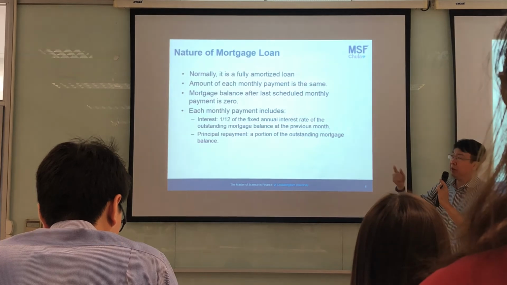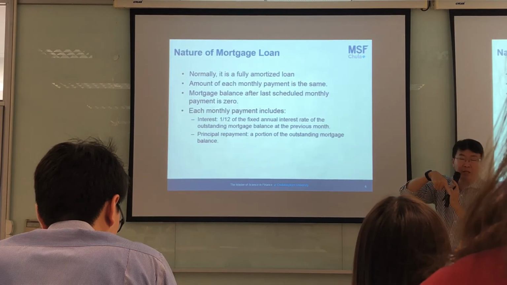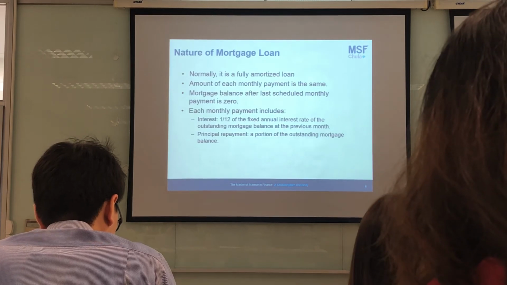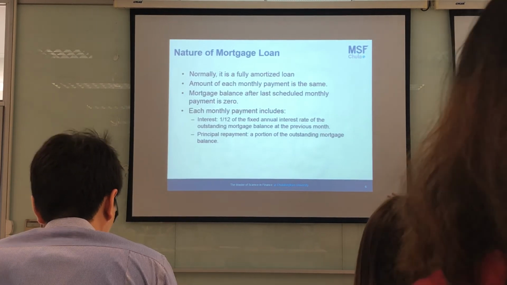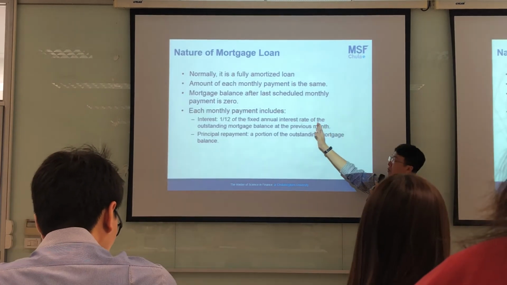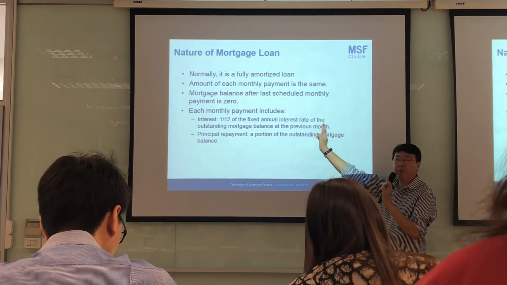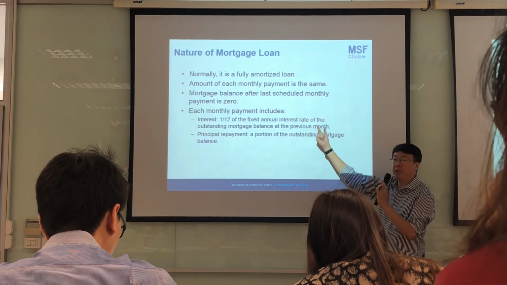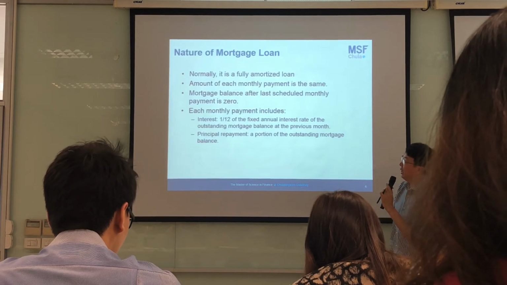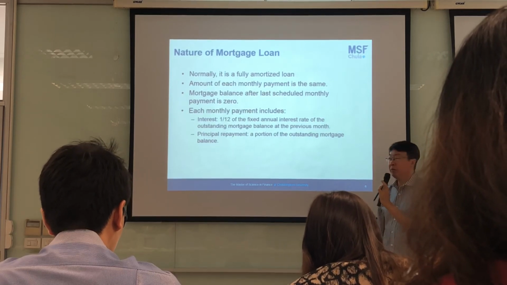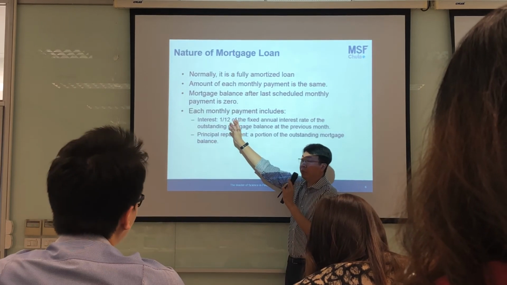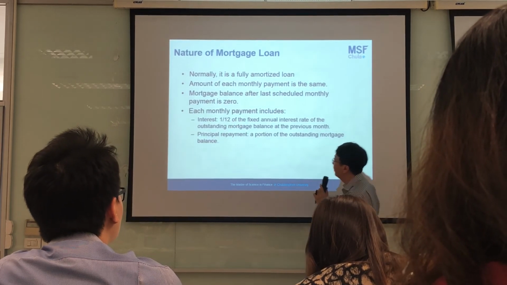The bank will check how many days are in that period and then calculate the interest. But this is for the approximate number. We assume that each month has the same number of days, so the interest rate can simply be divided by 12 to get the interest rate per month.